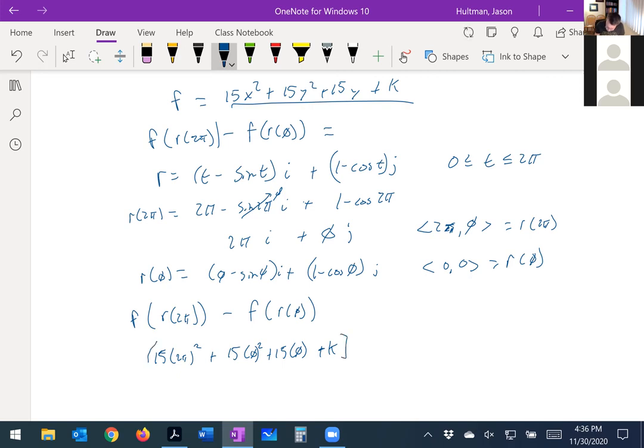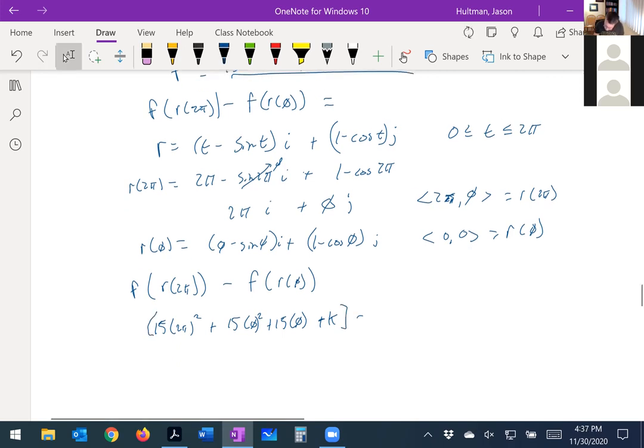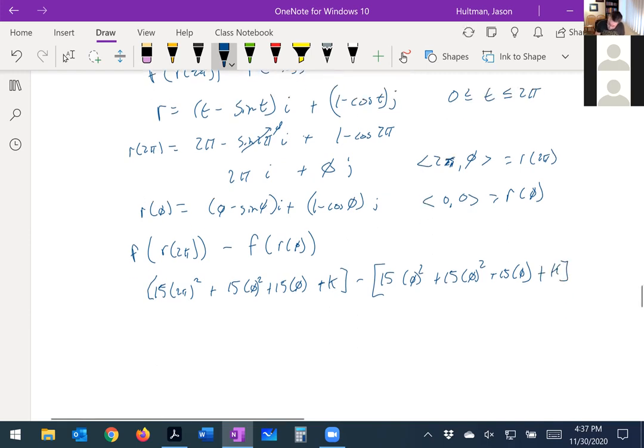Okay, minus the second one, which is 15 times 0 squared. This whole thing's just going to go to 0, right? 0 squared plus 15 times 0 squared plus 15 times 0 plus k. Okay, so this whole thing just becomes, the k's are going to cancel. K minus k, 0. The only thing that survives is 60 pi squared.